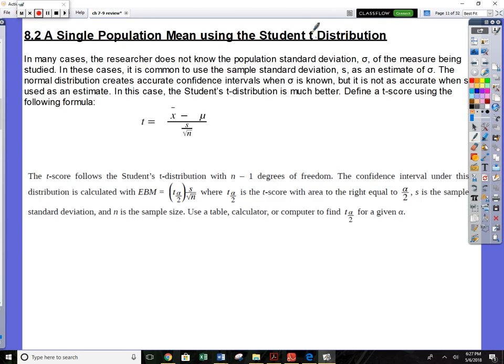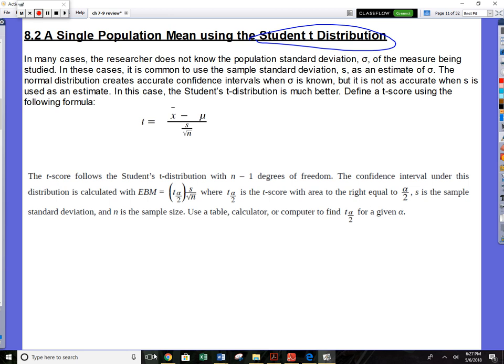Okay, point 2. Now we're going to introduce the student t distribution. In many cases the researcher does not know the population standard deviation, which is more often than not the case. So we're going to use a t-test. In these cases it is common to use the sample standard deviation, s sub x, as an estimate for sigma.